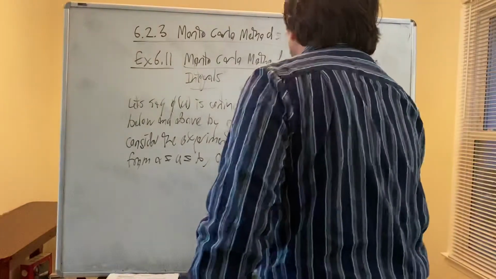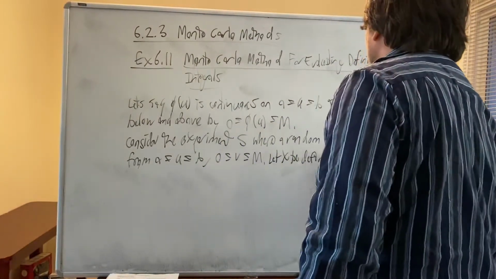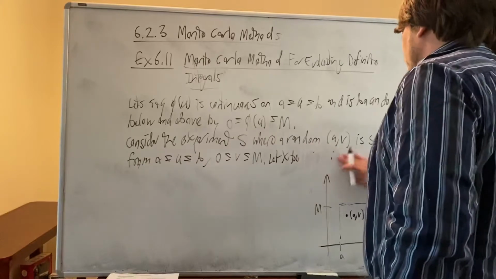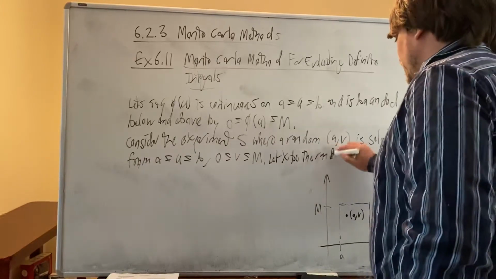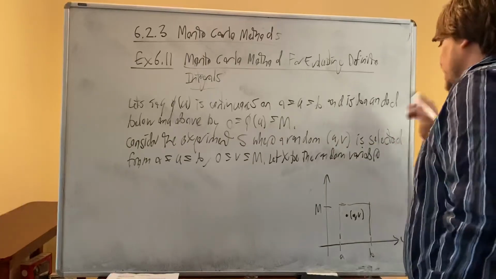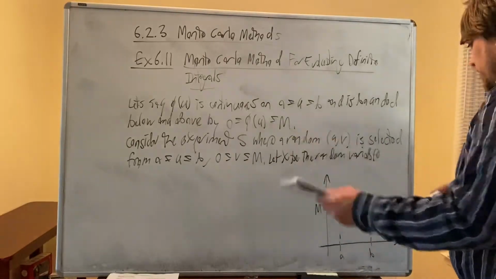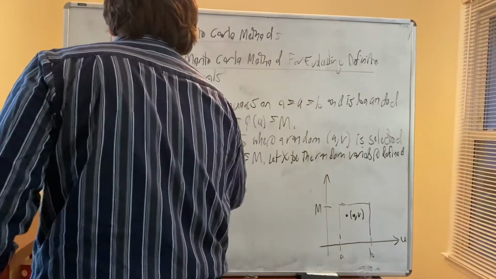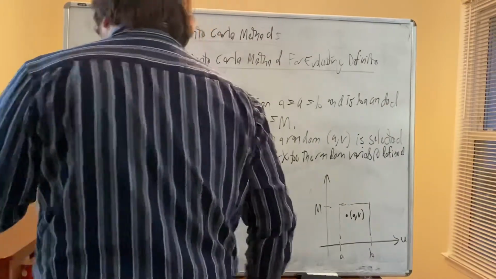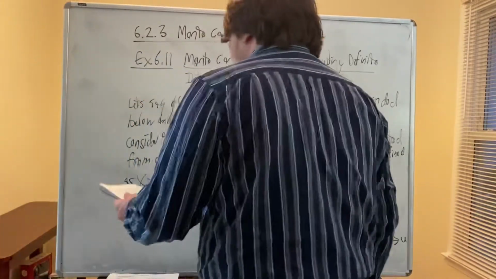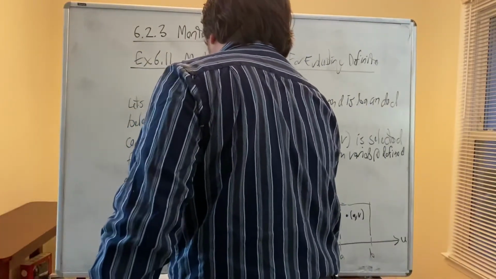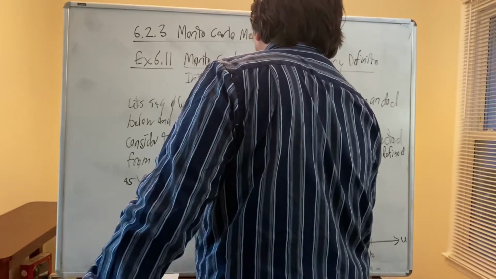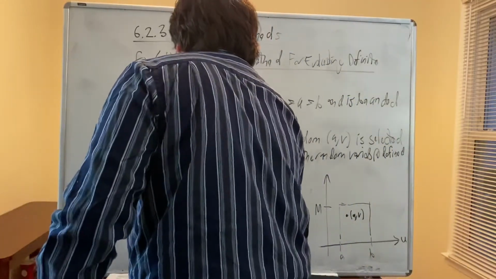We're going to let capital X be the random variable defined as X equals 1 if the point is below the curve of phi and 0 otherwise.